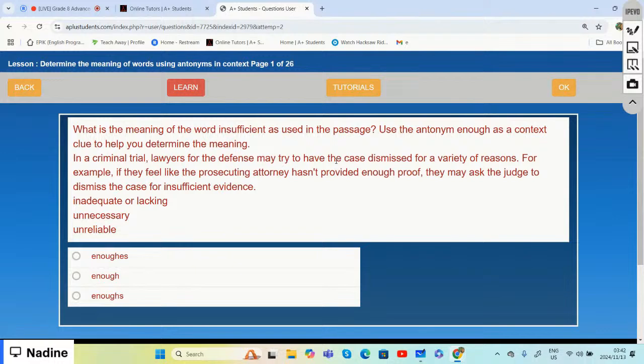It says in a criminal trial, lawyers for the defense may try to have the case dismissed for a variety of reasons. For example, if they feel like the prosecuting attorney hasn't provided enough proof, they may ask the judge to dismiss the case for insufficient evidence.